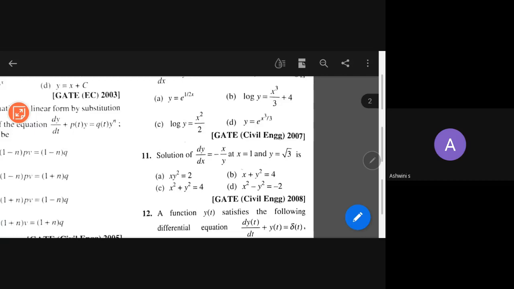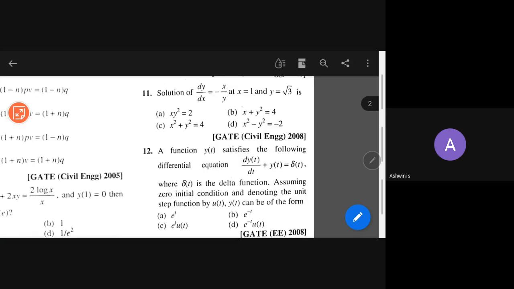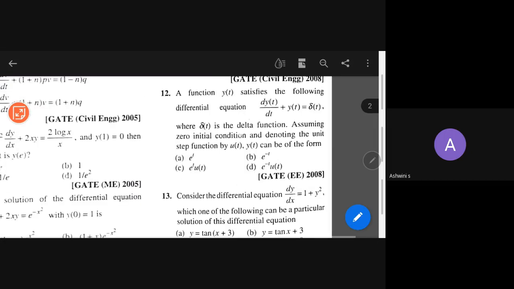12th question. Again, he's talking about delta of t, a Dirac delta function, and assuming zero initial condition and denoting the unit step function by... So I'll do the connection between the Dirac delta function and the unit step function.